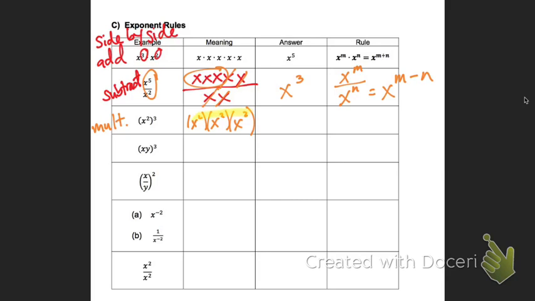Those combine to be x to the what power? 6. So I'm just multiplying 2 times 3. The formal rule, x to the m to the nth power equals x to the m times n. Multiply.